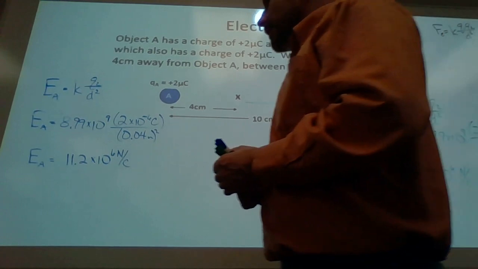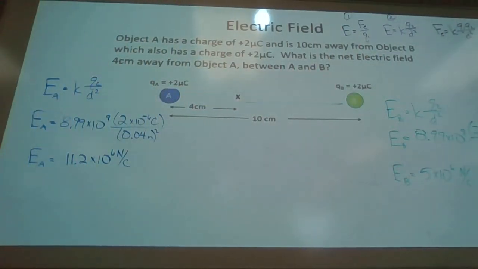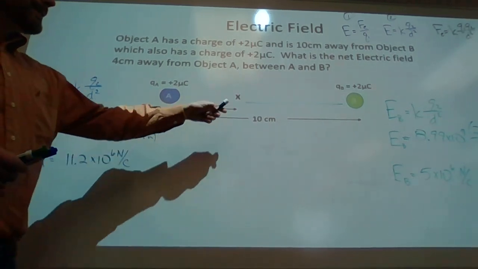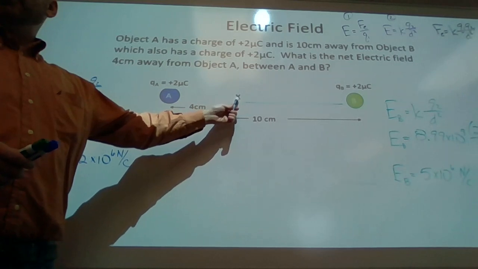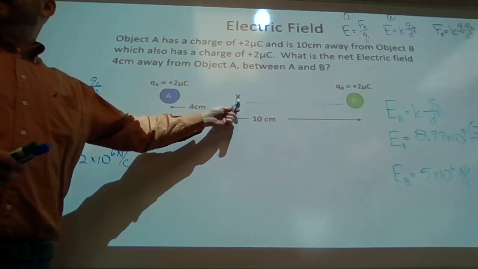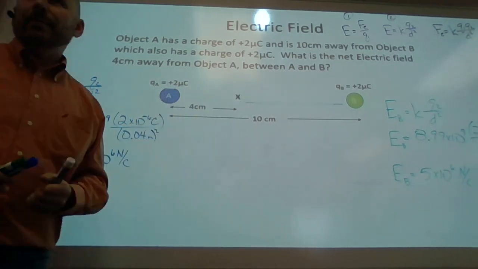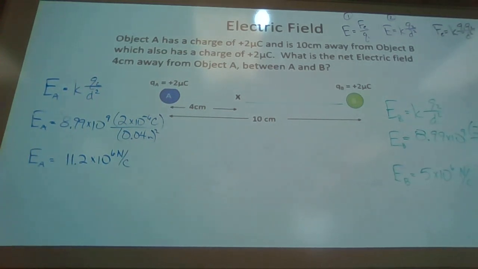So, reminder that electric field is a vector. It has direction. I need to find the net electric field. Okay. So, which way is the electric field at point X pointing from A, to the right or to the left?